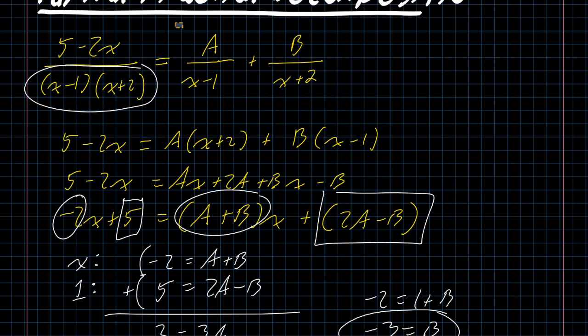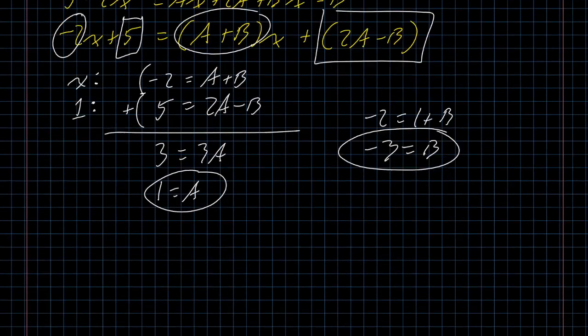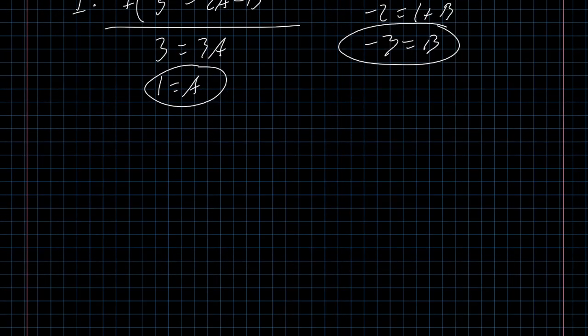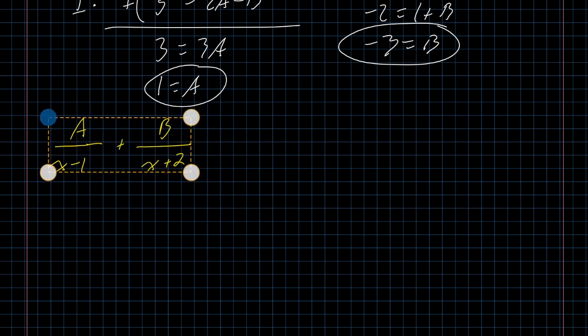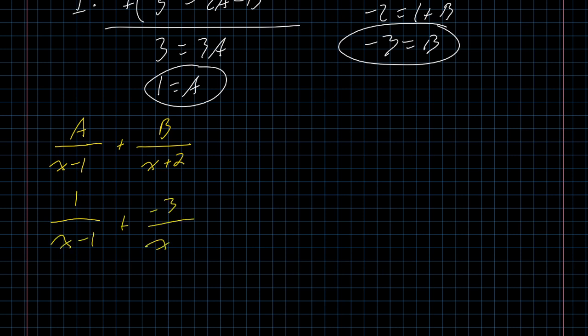If you still have this visible, then you can jump right ahead. I don't, so I'm going to copy down that expression before plugging in: 1 over x minus 1 plus -3 over x plus 2. And that is the simplified or the decomposed version of the same rational.